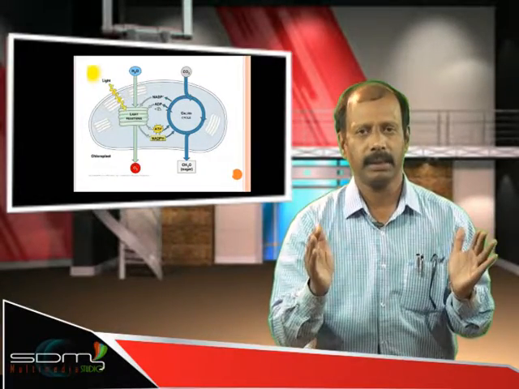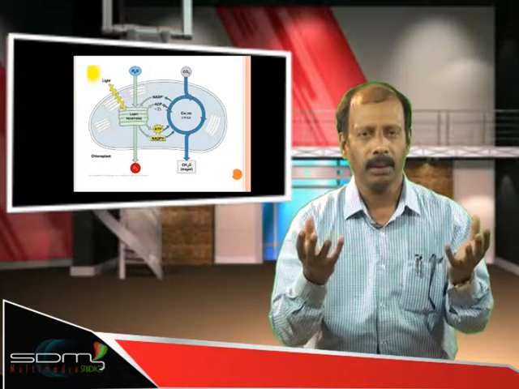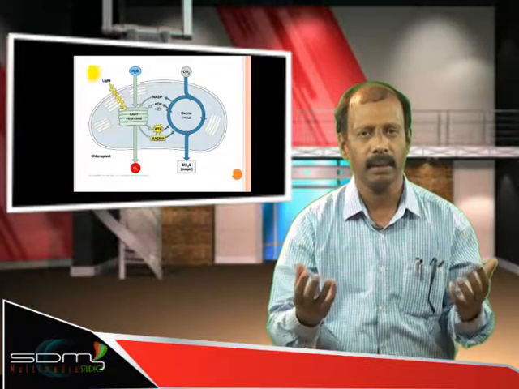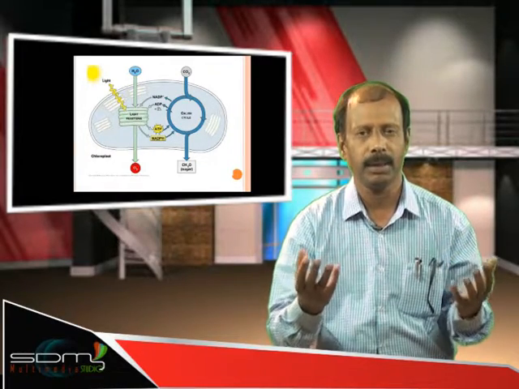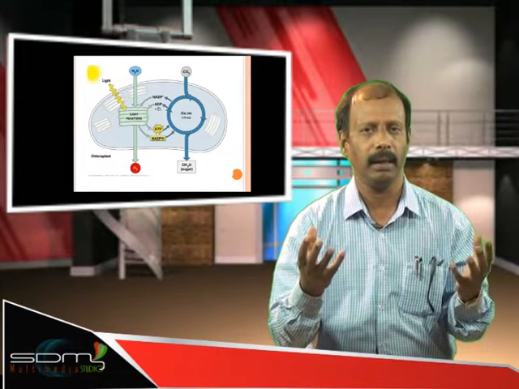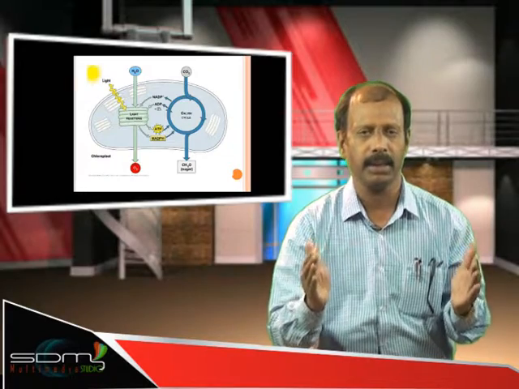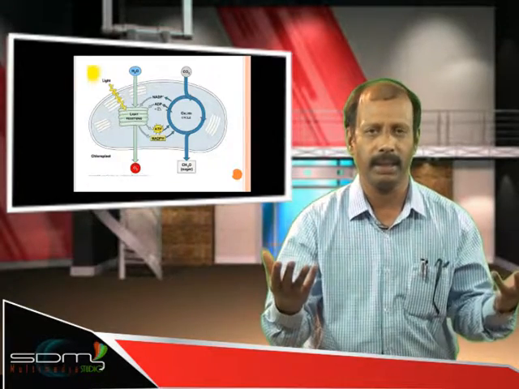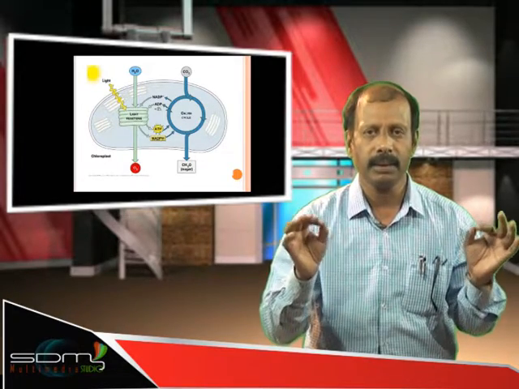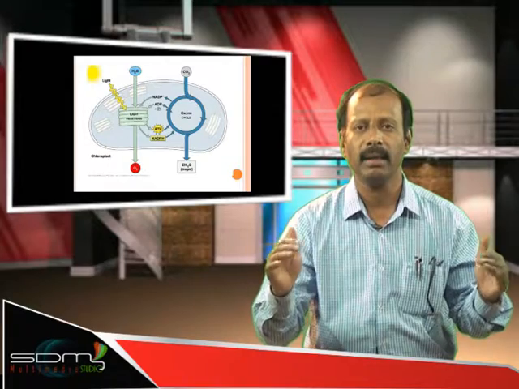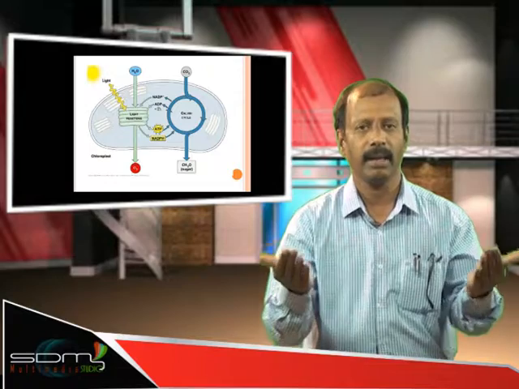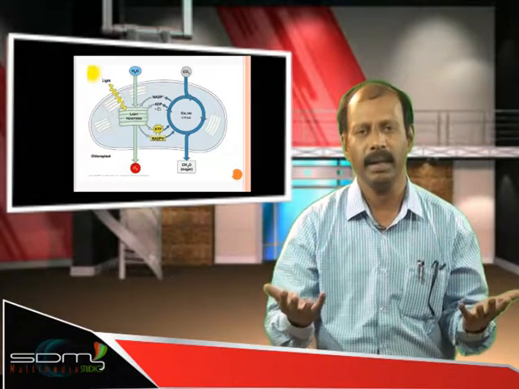During light reactions, as I told you, the chlorophyll pigments absorb the light energy. As a result of the absorption of the light energy, the chlorophyll pigments, particularly those of the reaction center, become photoexcited. As a result of photoexcitation, the electrons revolving in the outermost orbit are expelled, and the energized electrons are accepted by the electron carriers.